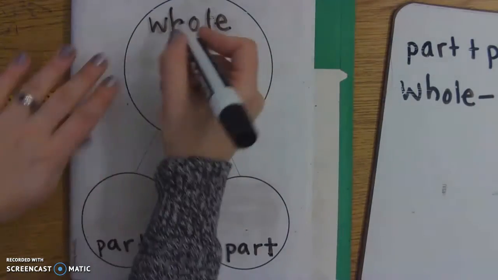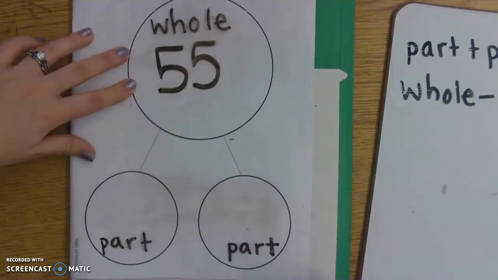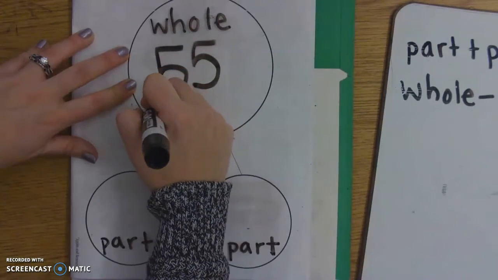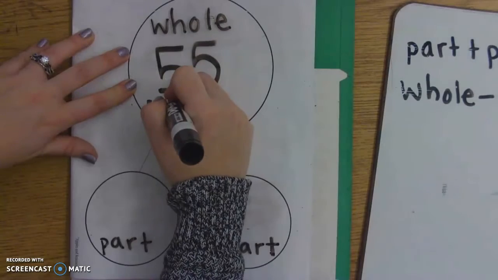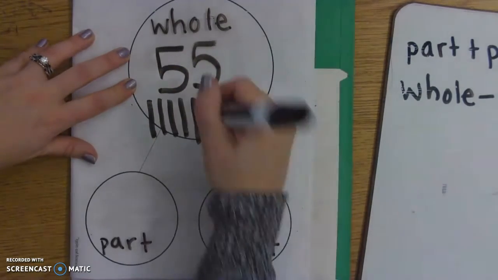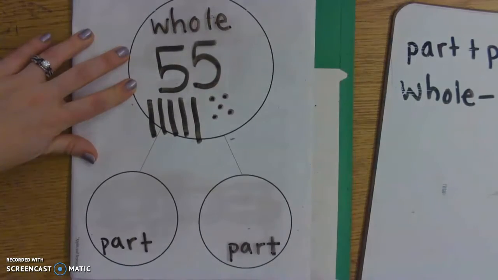So let's write 55 in our whole. Okay, ready? Let's draw 5 tens. 10, 20, 30, 40, 50, and 5 ones. 1, 2, 3, 4, 5.